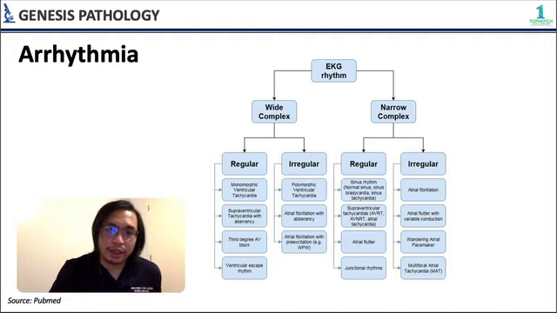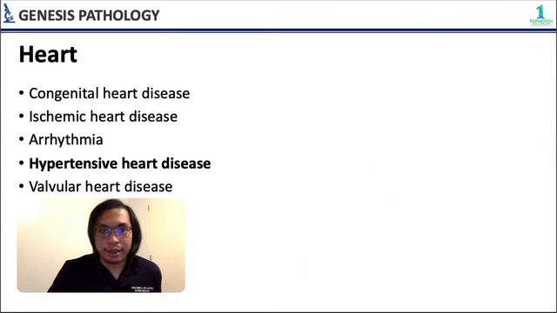So, narrow complex tachycardias, usually mga SVT. Sa mga wide complex tachycardias, usually your ventricular tachycardias. Anyway, arrhythmias is not really a pathology topic, so I really would not spend a lot of time here. Anyway, let's go with hypertensive heart disease.